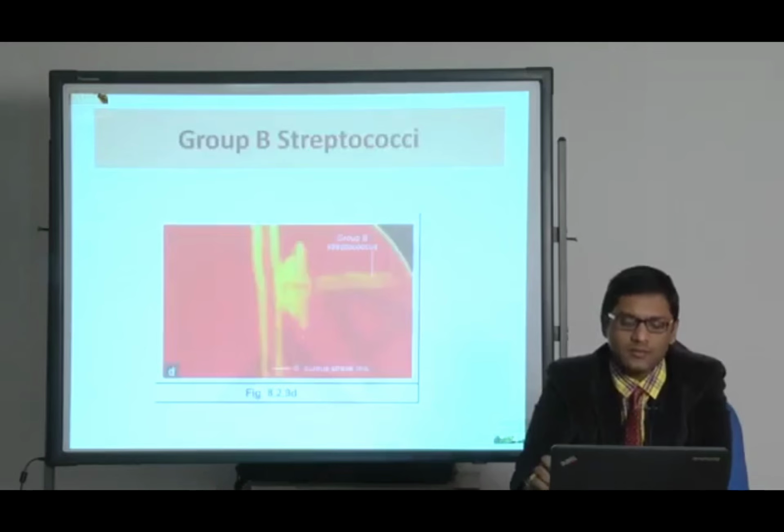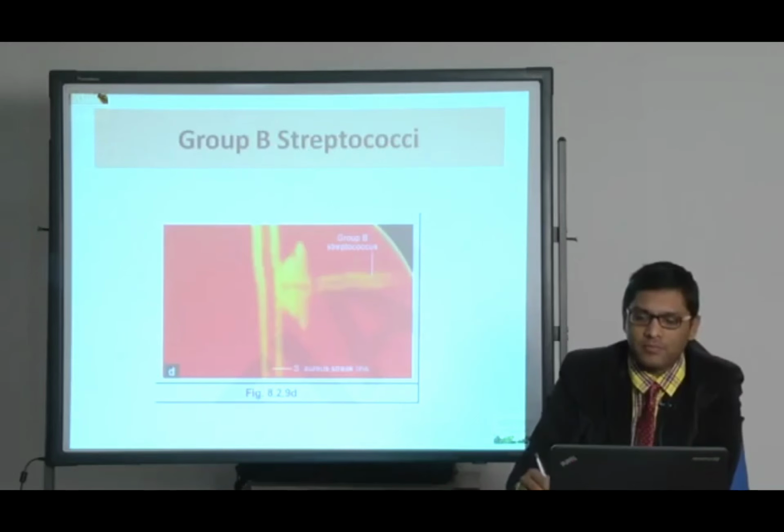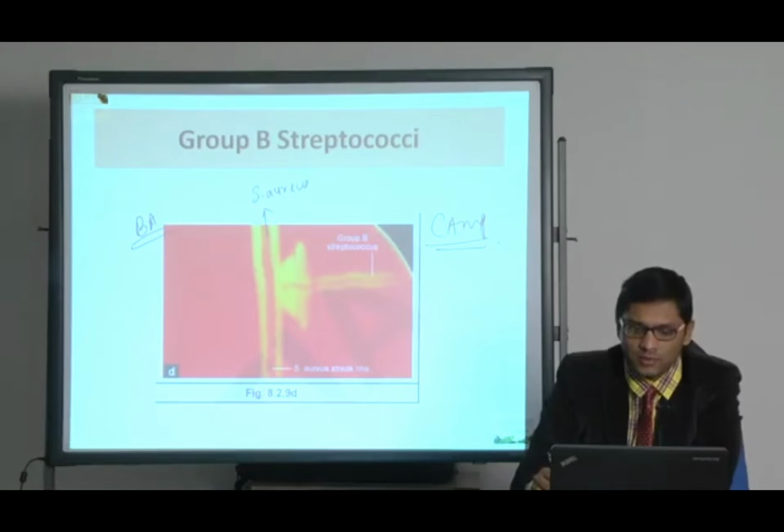And group B Streptococcus will produce a positive CAMP test. That is, in a blood agar plate, in the center you streak a Staph aureus streak line, and perpendicular to that you streak group B Streptococcus. Both Staph aureus and group B streptococcus are beta hemolytic. You will have a yellowish zone of discoloration on both streak lines.